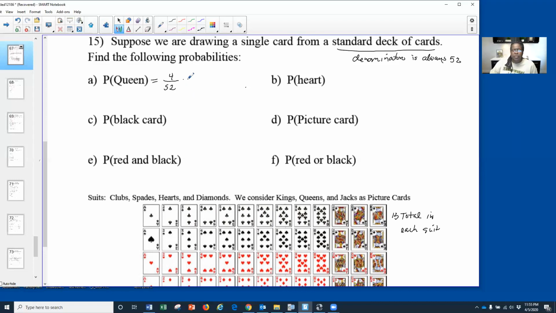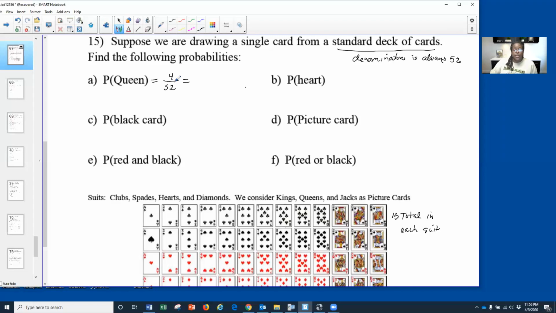So see what it does and see how it feels. Even though sometimes the directions say to reduce it, do it. Sometimes it doesn't say reduce it. You can still reduce it and put it in and it'll give you the correct answer. You can put it in as 4 over 52 and it'll give you the correct answer. Okay, I did it several ways and it worked for me.